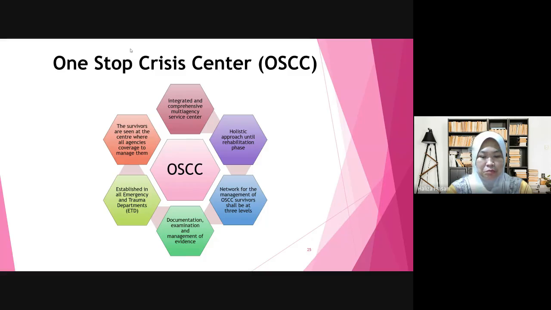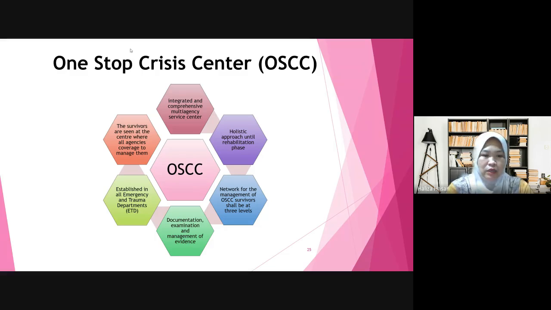So for example, domestic violence, the husband hit the wife. So at this center, they will take pictures and they will keep the evidence for the police report and to continue with the investigation.